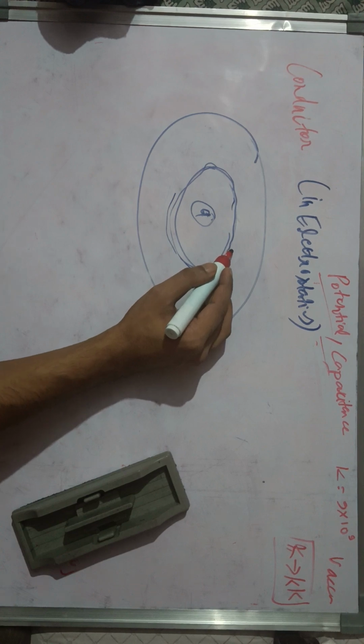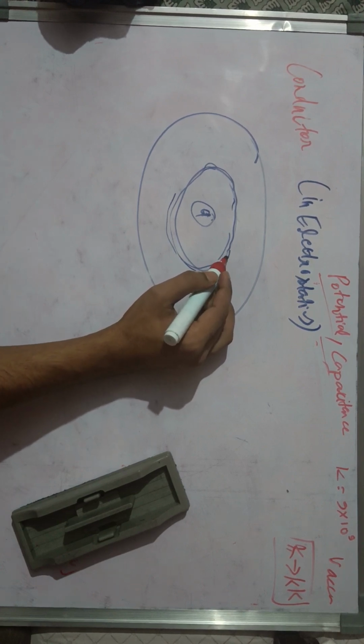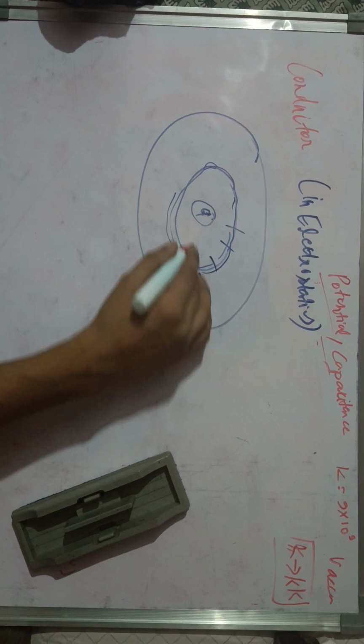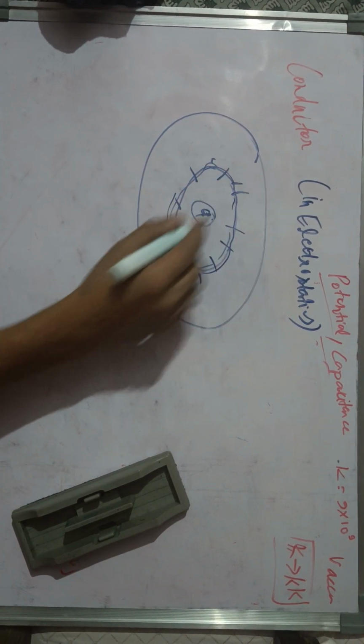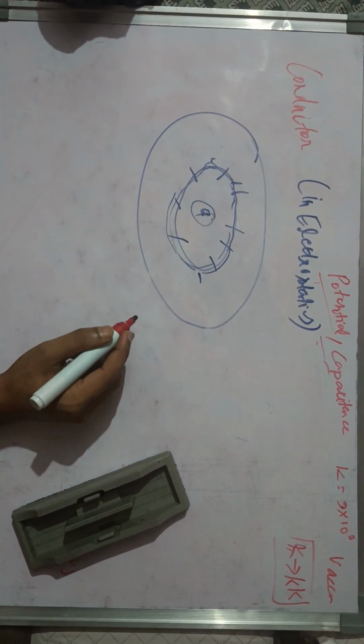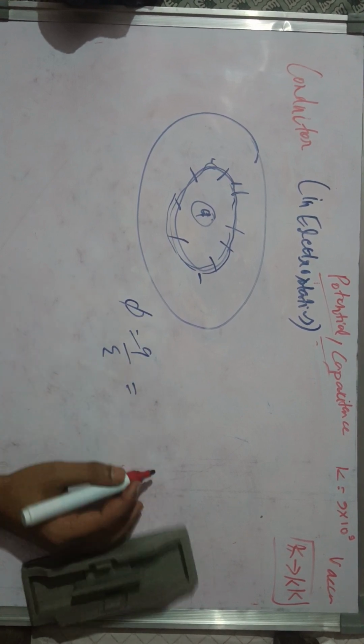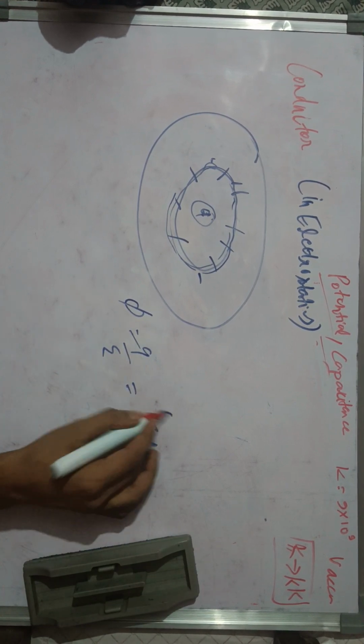Just below the surface we have taken a Gaussian surface around this cavity, and there will be flux going outward if there is a charge q inside, and the flux would be equal to q by epsilon, and that is simply equal to the summation of E dot dA.